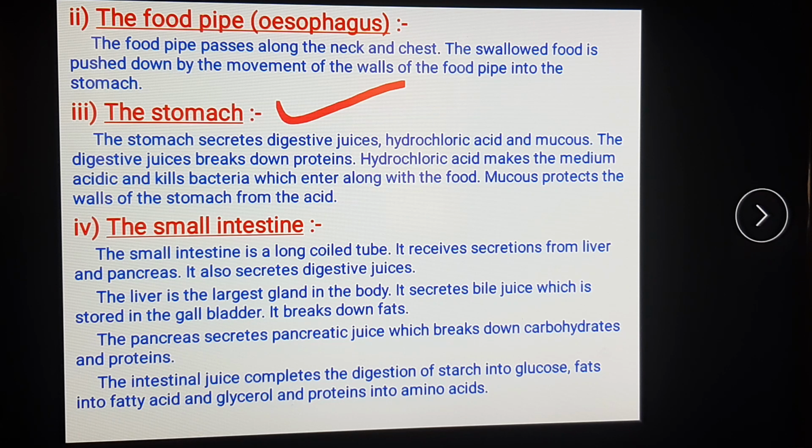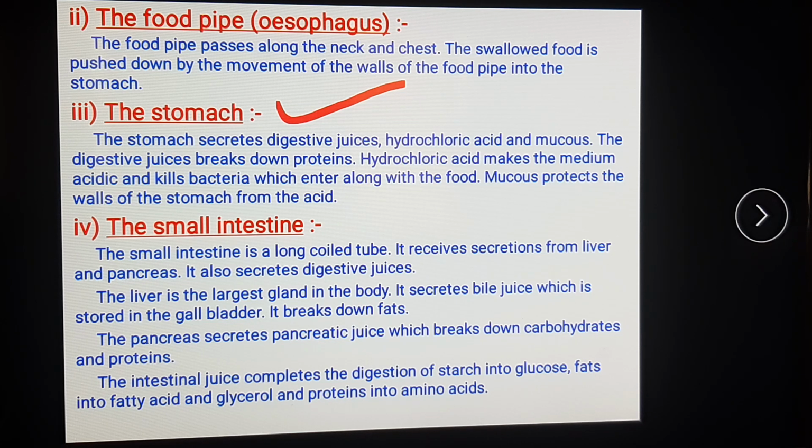That acidic medium is very helpful, because when we eat something, sometimes unknowingly some bacteria go into our food, and from the food it goes into our stomach. So it should not cause any type of disease there. So this acid kills the bacteria which entered along with the food.